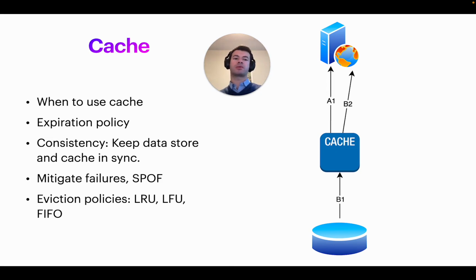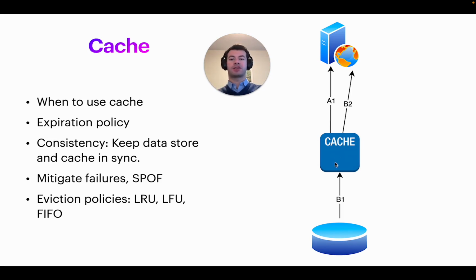So let's see how a cache works. Our web server gets a request from the user, and if it didn't have the cache at all, it would make a call to the database directly to get the required data. Imagine we received a GET request, get users or something like that. With a cache layer, the web server will first check the cache layer to see if it has the required data.